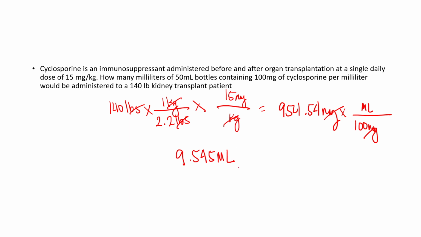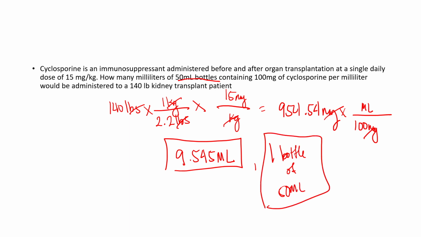Okay, now you need only around 9.5 milliliters. However, one bottle is 50. So 50 is greater than 9.54. You only need one bottle of 50 ml. Okay, it is asking for how many bottles.